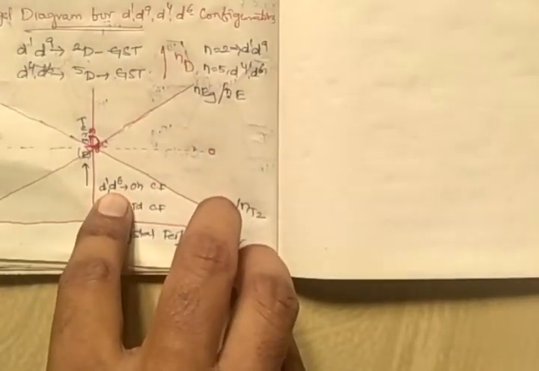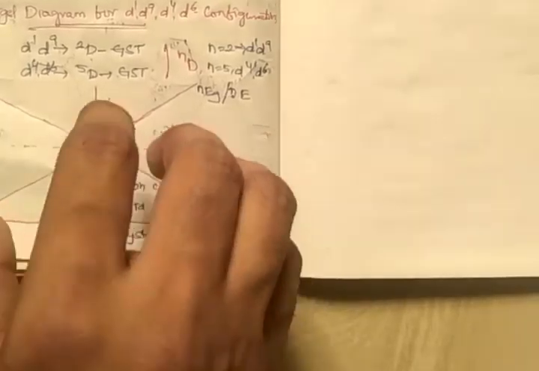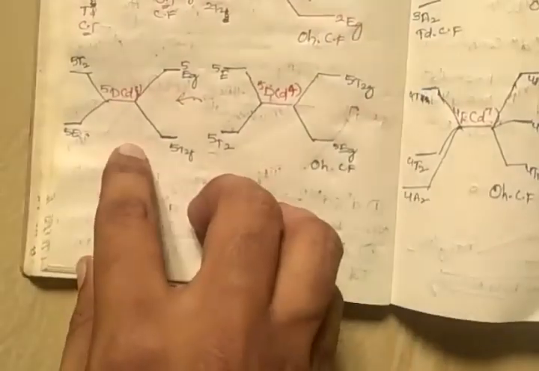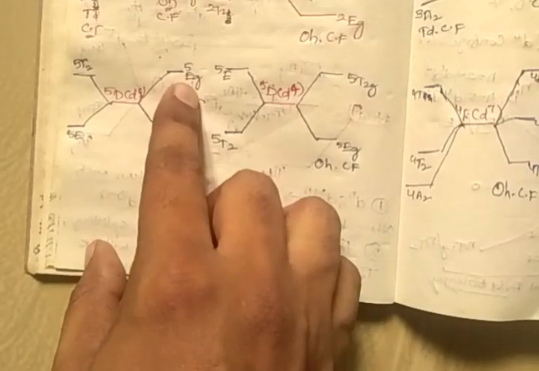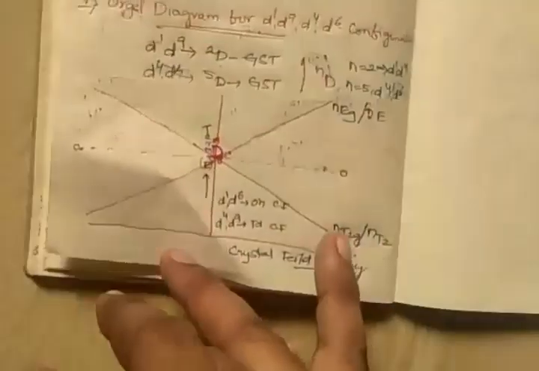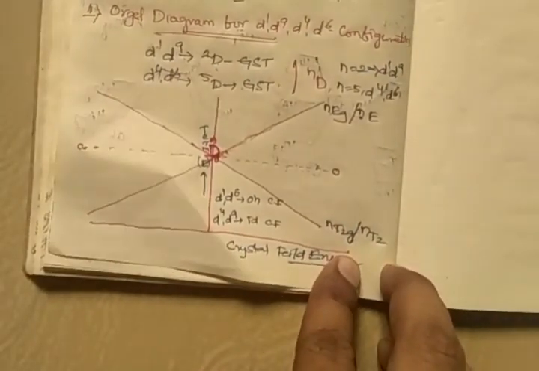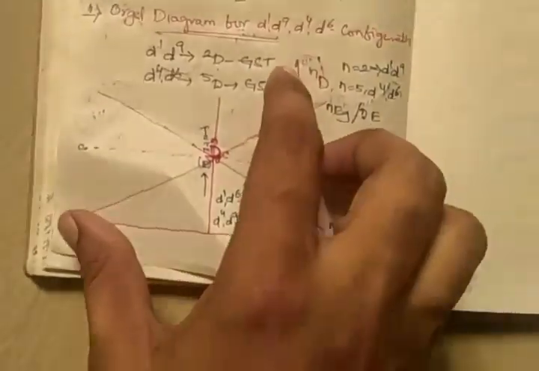Same as that, the D6 configured D term has the same lower energy state of T2g and higher energy state of Eg. So that is shown here.